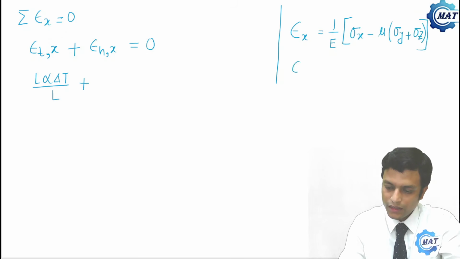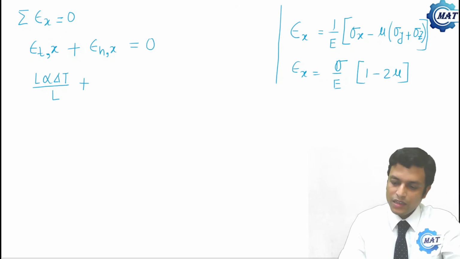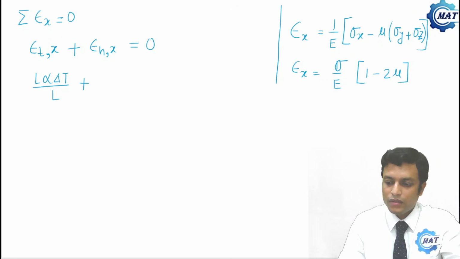So here epsilon x is nothing but 1 by E, sigma x, sigma y, sigma z all are sigma, so we can take common sigma, 1 minus 2 mu, as sigma x equals sigma y equals sigma z equals sigma here.